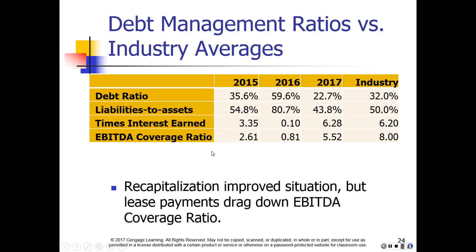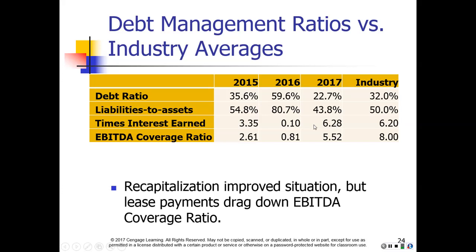And what did that do? Well, it definitely led to a dramatic fall from 2016 to what we expect in 2017, due to the recapitalization, of the debt ratio, decline in the liabilities to assets ratio, and enhancement in the times interest earned ratio.